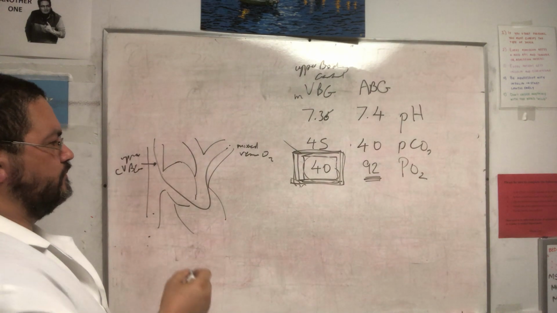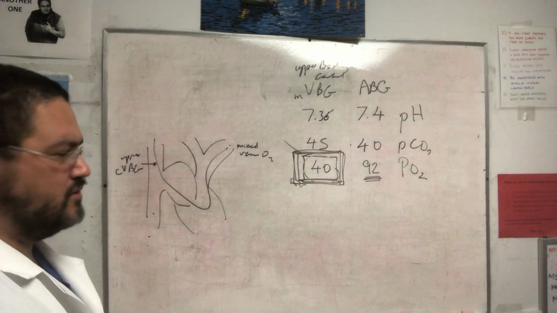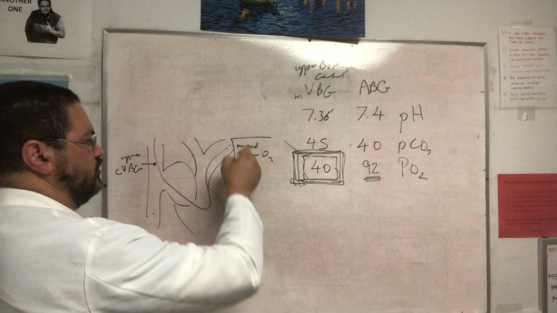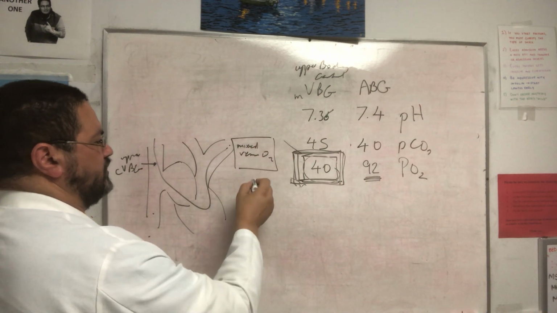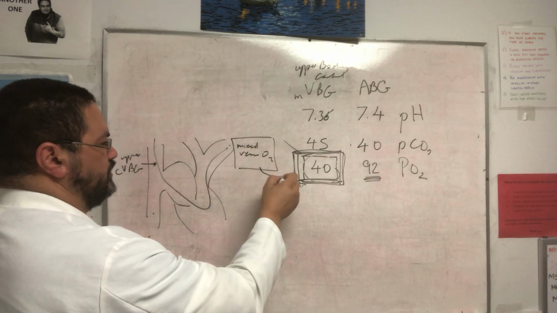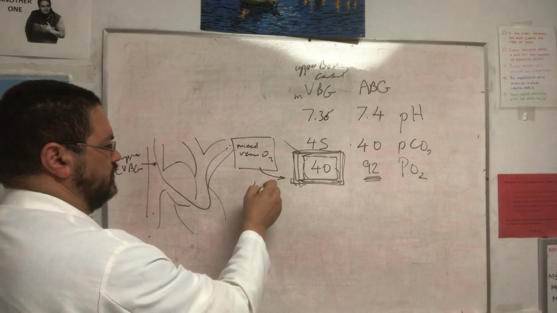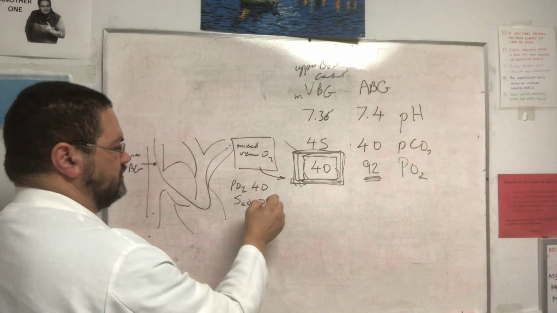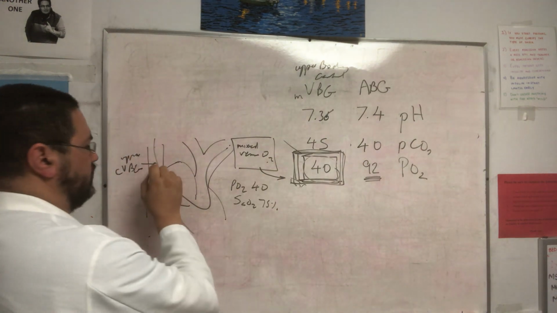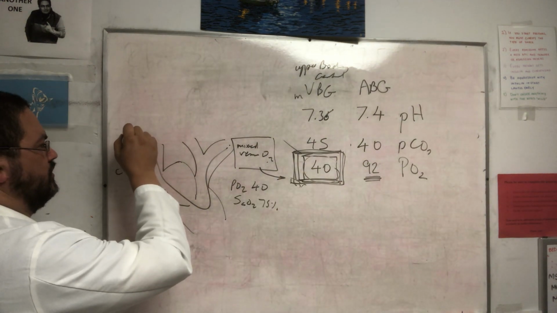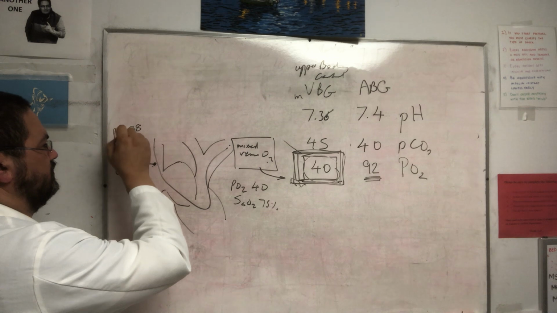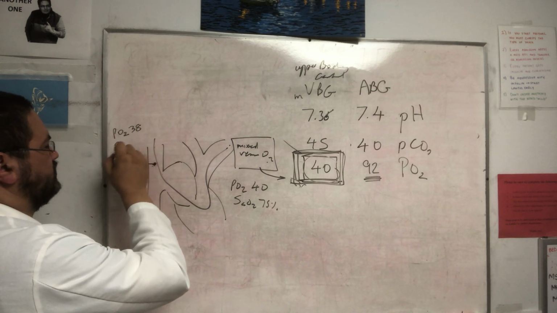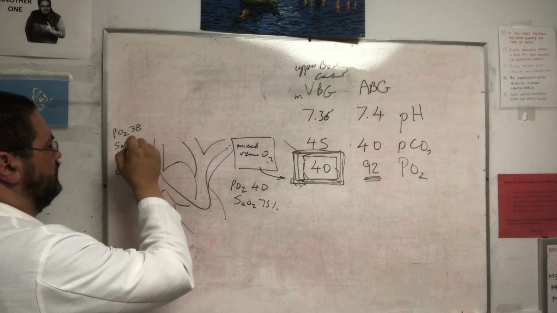So there are some differences. The real mixed venous O2 is the one with the PO2 of 40 and the saturation of 75%. The normal here is a PO2 of 38 and saturation of 70%.